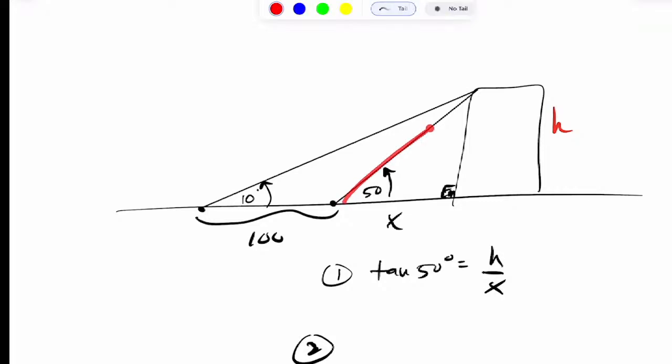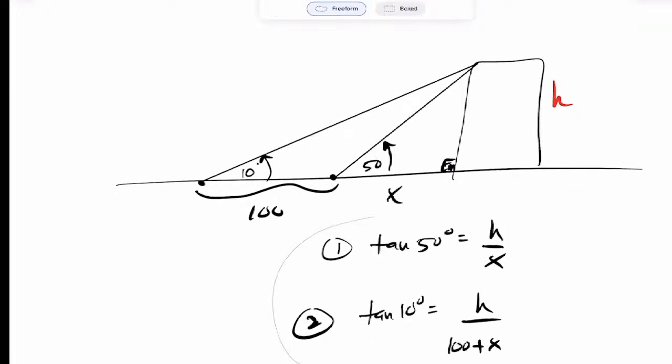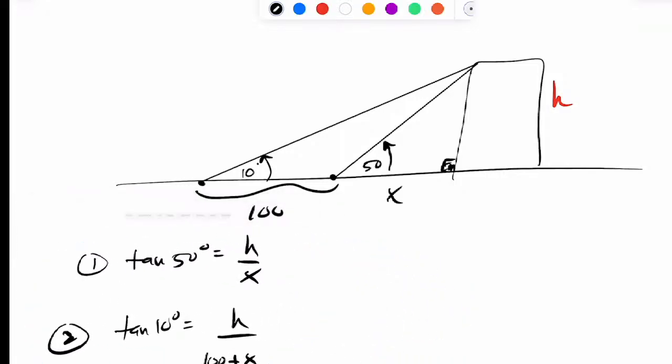I'm taking the smaller triangle, so the tan of 50 degrees is H over X. And then the tan of 10 degrees is H over 100 plus X. So now, just like 6, you have that same sort of idea. And again, this question will be much easier when we do sine law and cosine law next unit.